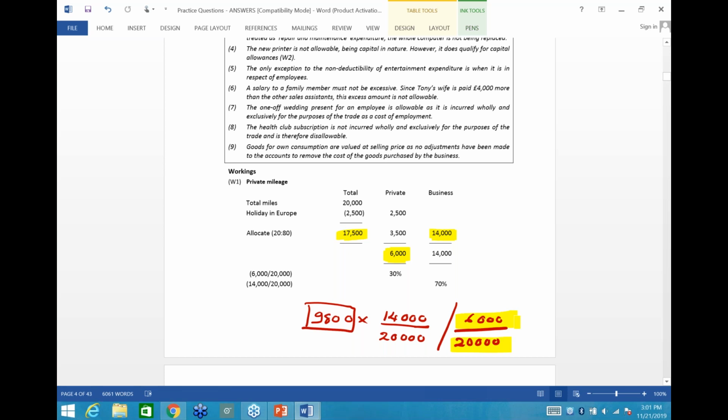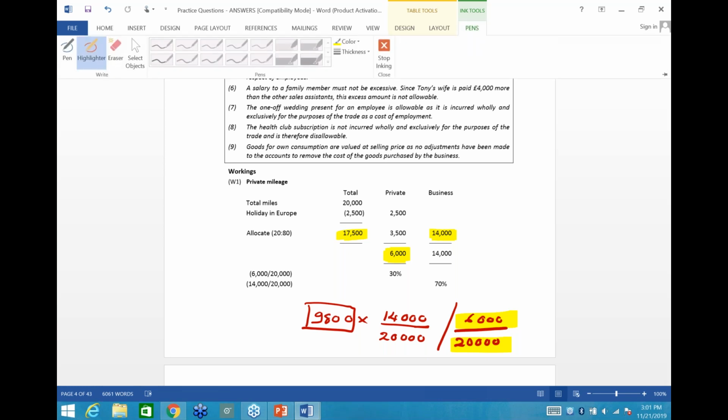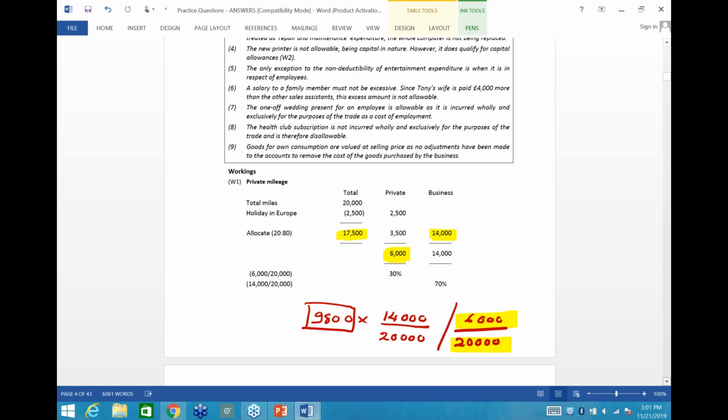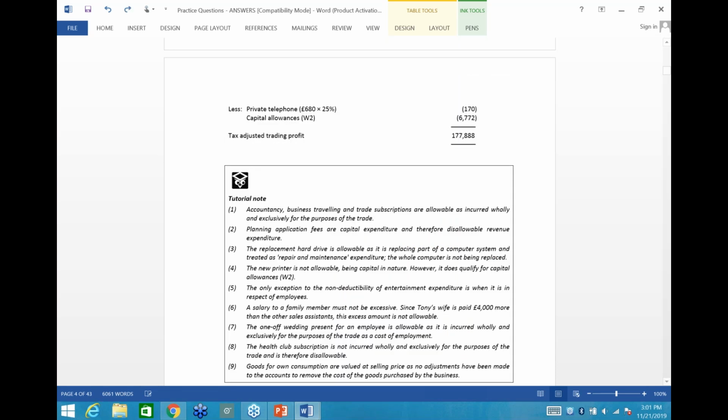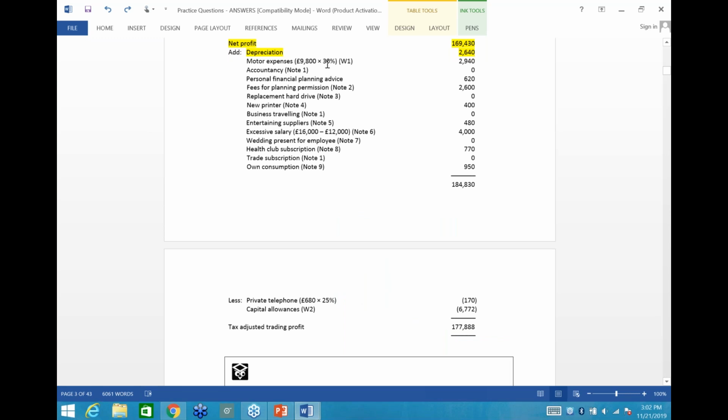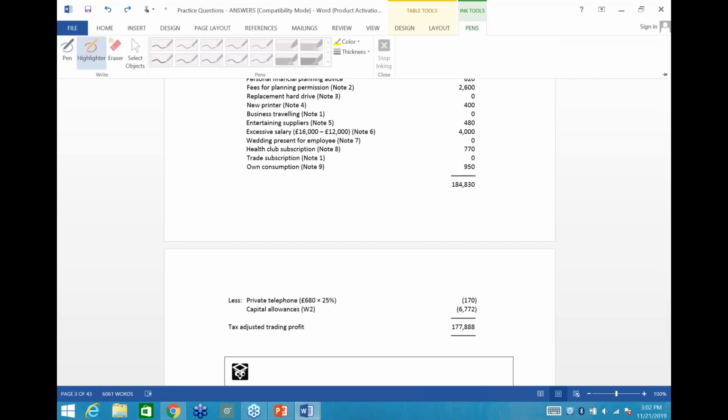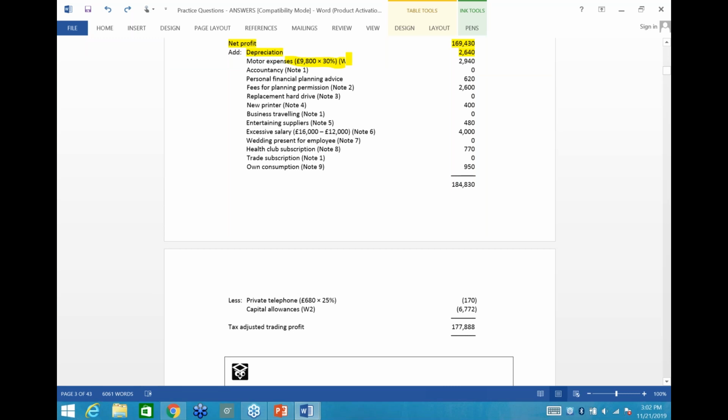The answer that I get there is not allowable expenditure, because it's purely for private journeys. Since it is for private journeys, I cannot take that value. I need to reverse it. As a percentage, it's 30%. They are disallowed. So 9,800 into 30%, it's disallowed. I need to add it back, 2,940.